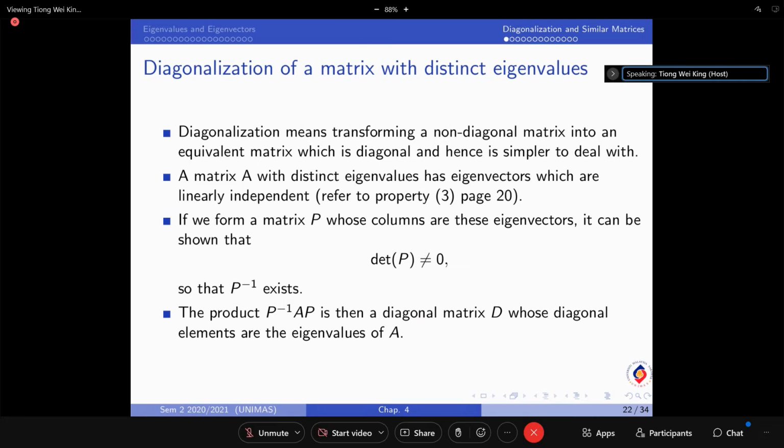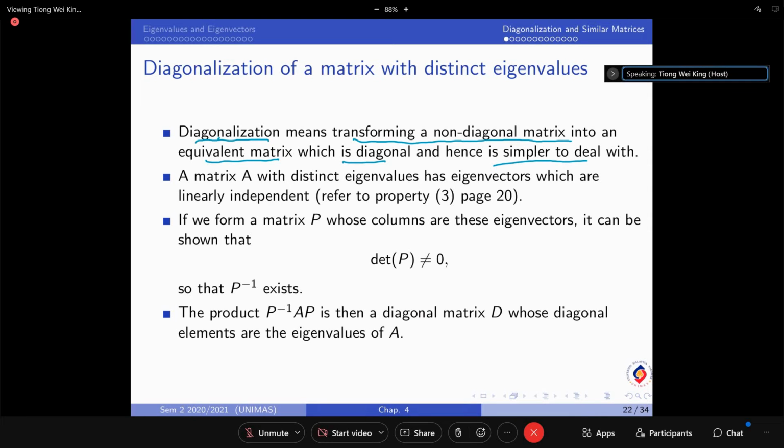Now next is the diagonalization of a matrix. Basically, diagonalization means that you transform a non-diagonal matrix into an equivalent matrix which is diagonal and simpler to deal with.